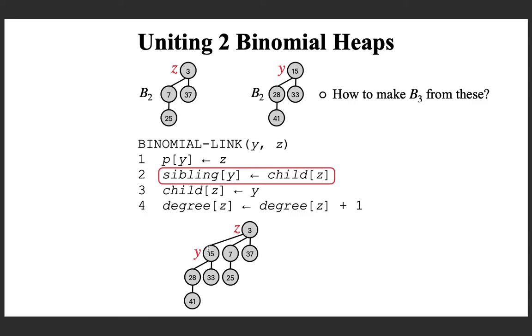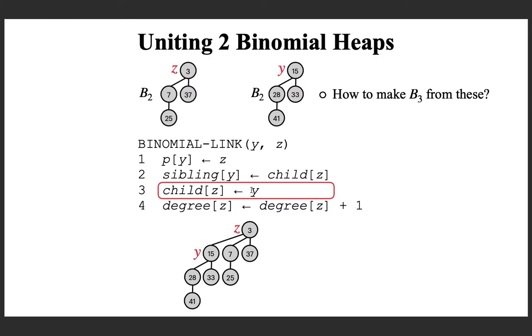Now you have to make it 7. So what is 7 actually? If you recall the node structure, 7 is nothing but the leftmost child of 3, which is contained in the field child of z. I hope you remember it, otherwise please refer to the node structure. So you are just setting 7 as the sibling of 15. Then moving down, you are saying that the leftmost child of z must be y.